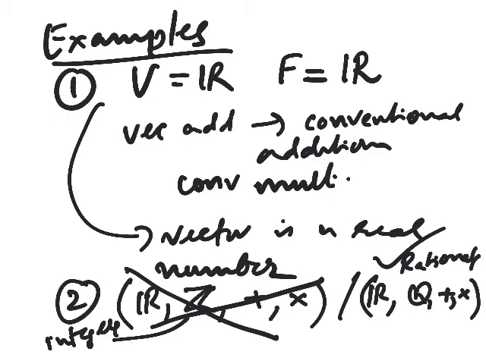Later on we will see there is something called a dimension, and in that sense this is an extremely complicated vector space. I'll come to it later when we discuss bases.